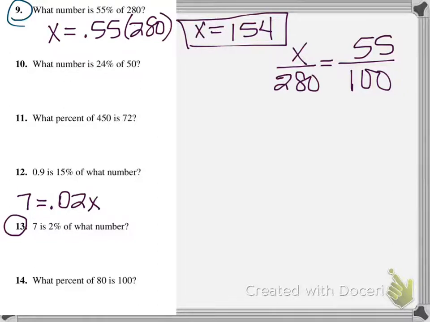If I were to do the percent proportion, I have 2%, so the percent always goes over the 100. 7 is, so I have my 7, and I'm looking for my of. That's what the proportion would look like. Either way, you're going to arrive at the same answer. If we do the translation, then I would have to divide both sides by 0.02.